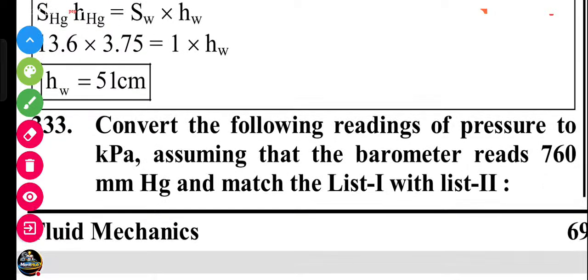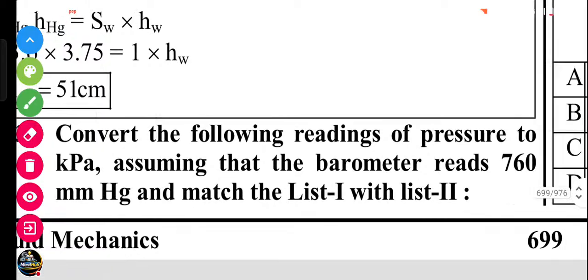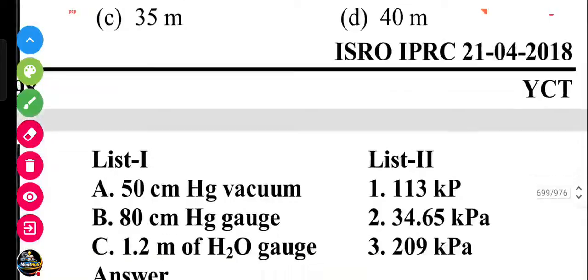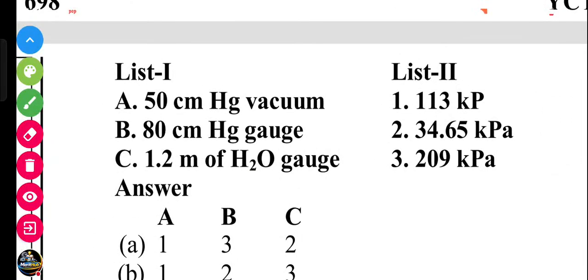Next question. Convert the following readings of the pressure to kilopascal, assuming that the barometer reads 760 mm of Hg. The list is 50 centimeter Hg vacuum, 80 centimeter Hg gauge, 1.2 meter of the H2O gauge, equal to how many Pascal?